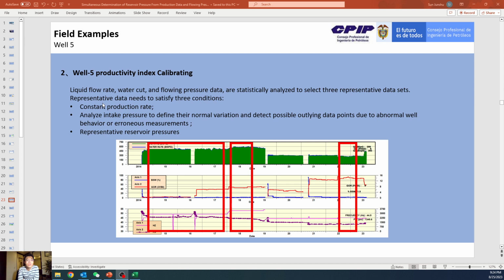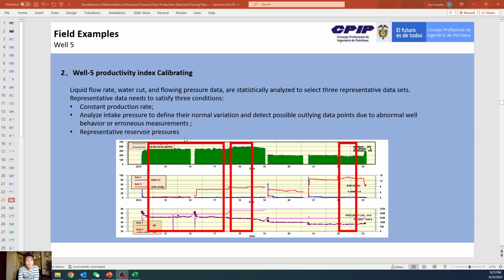Representative data needs to satisfy 3 conditions. The first, consistent production rate. Intake pressure to determine their normal variations and detect possible outlying data points due to abnormal well behavior or wrong measurements.